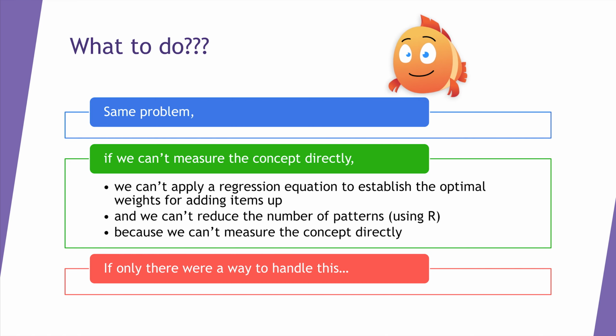If we can't measure our concept directly, then we can't apply a regression equation to establish those optimal weights by just adding the items up. So then we can't reduce the number of patterns using our correlation because we can't measure that concept directly. If only there were a way to handle this.